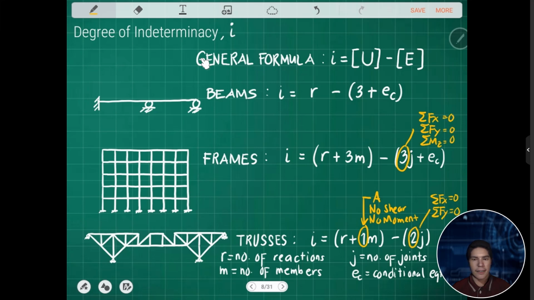That's why it's 3 at every joint. And for every member, we have axial, shear, and moment. So for beams, we also have summation of forces x, forces y, and moment about the z axis equal to 0.